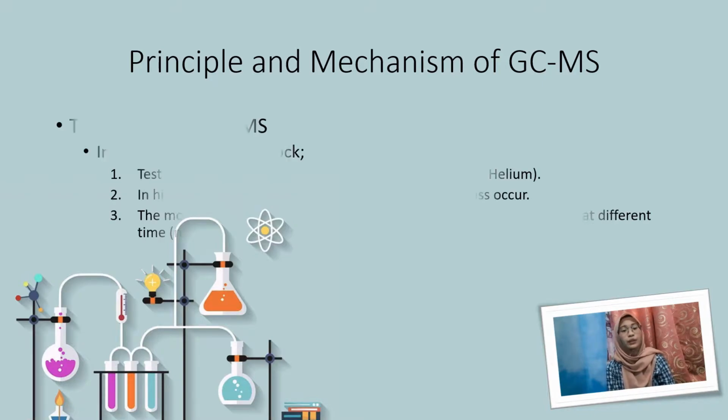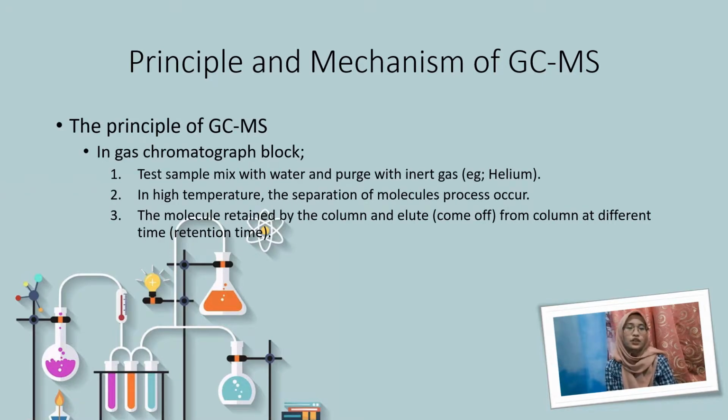And in gas chromatograph, the instrument uses a push and trap system, in which an inert gas such as helium gas or nitrogen gas will push the test sample mixed with water to help them move along the column in the oven.